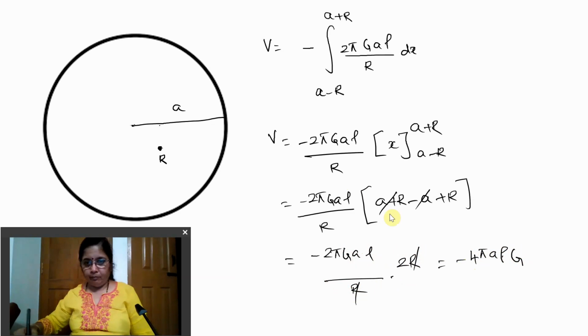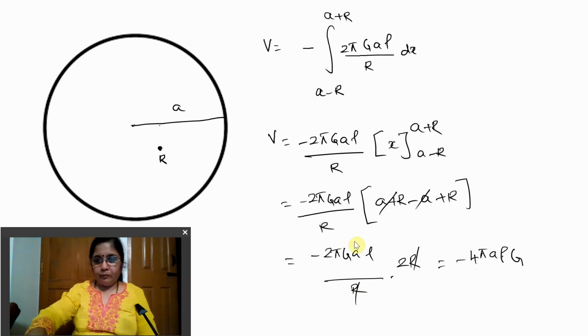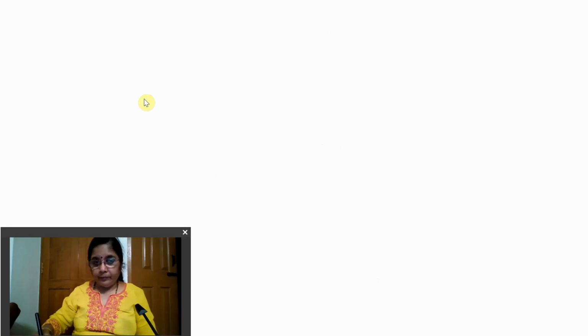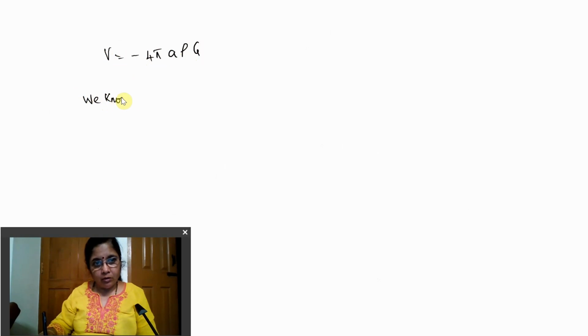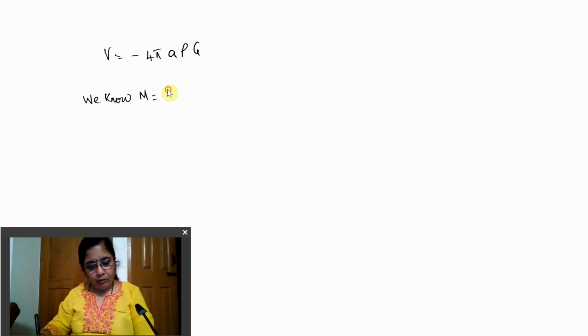So now mass. So you have V is equal to minus 4 pi a rho into G. But we know mass is equal to 4 pi a square rho.